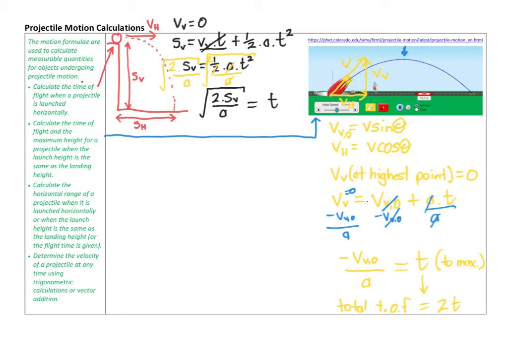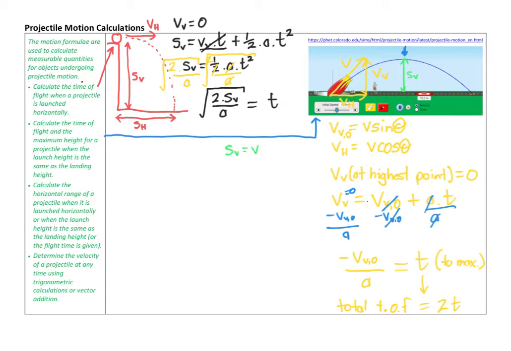If we want to find out the vertical displacement, so what's this maximum vertical displacement, SV? Basically we need to use the displacement formula.